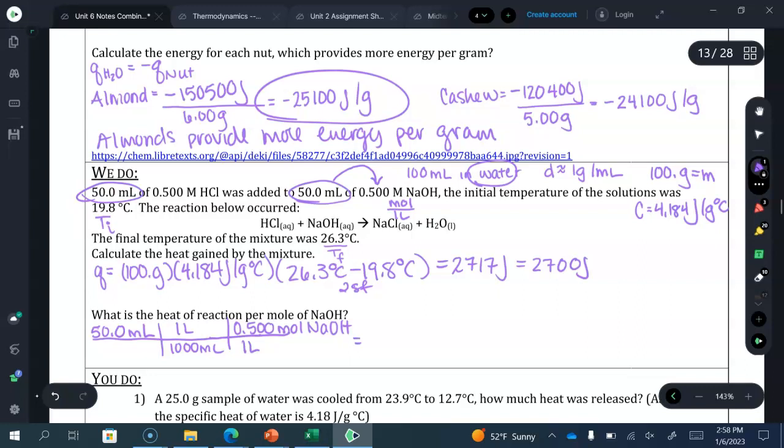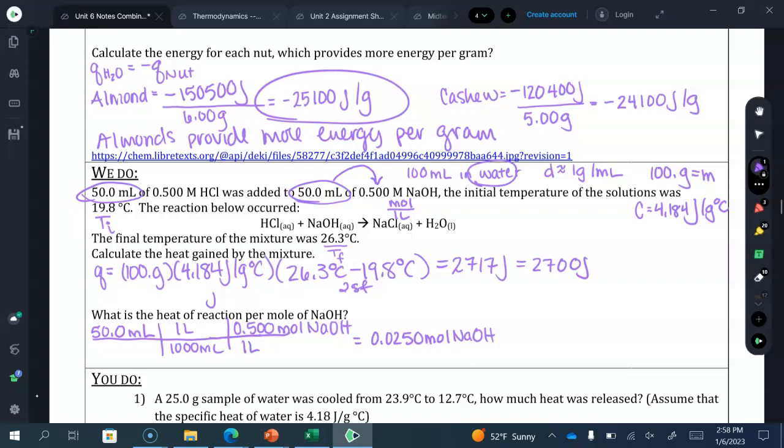When you run that calculation, you should get 0.0250 moles of sodium hydroxide. Well, heat of reaction has the units of joules per mole. You could also do kilojoules per mole.